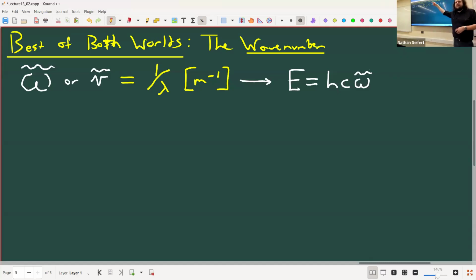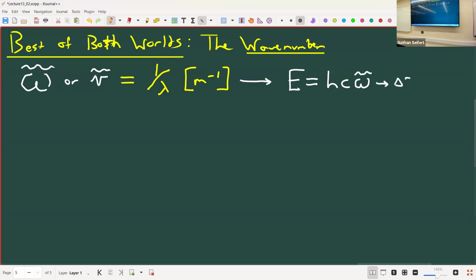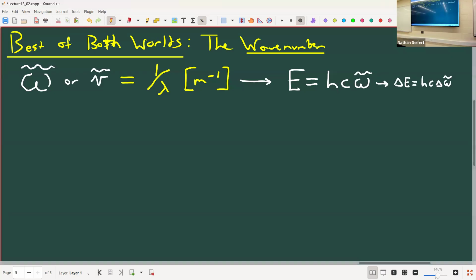And we've returned back to something that is linear in energy. Delta E is hc delta omega, the wave number. So we move the energy by 1 joule, and it doesn't matter what the wave number is. The wave number changes by the same amount. So it's nice and linear.